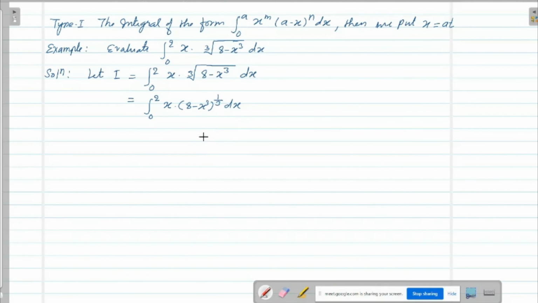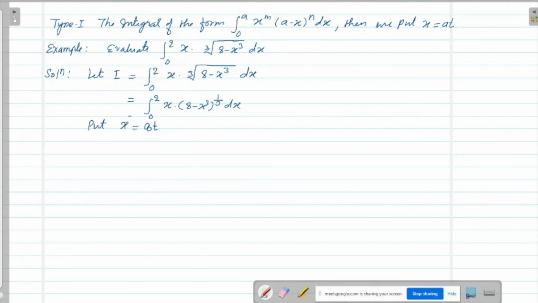Now what do we have to do? Here a is 8 and x is x cube. So we put x cube equal to 8t.